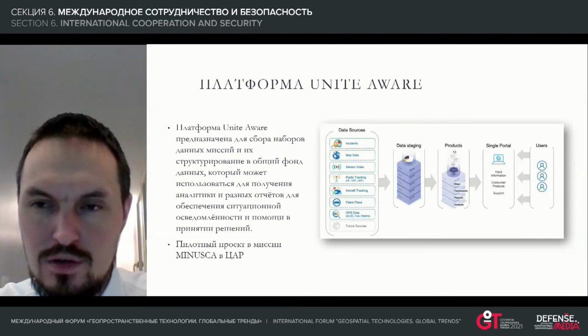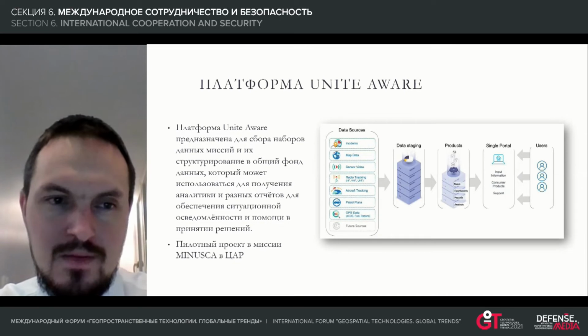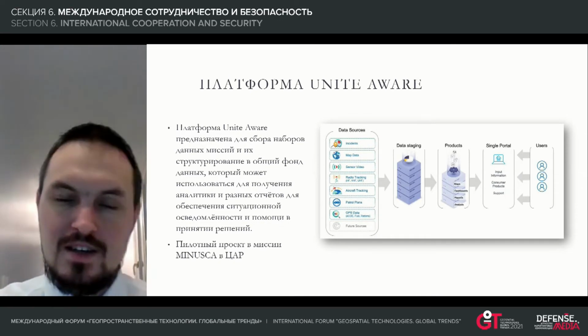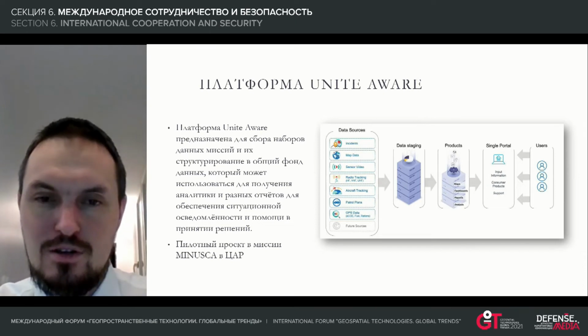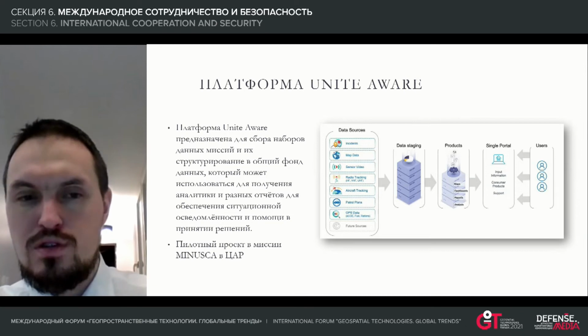How is this information integrated? There are several systems, but we can look at one example. This platform is called Unite Aware, which is designed to collect heterogeneous data from different missions.